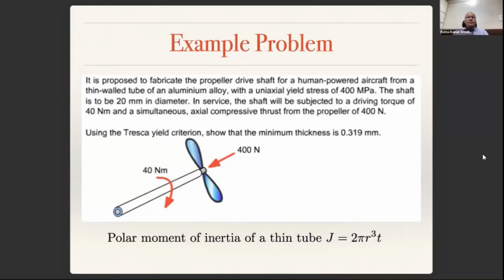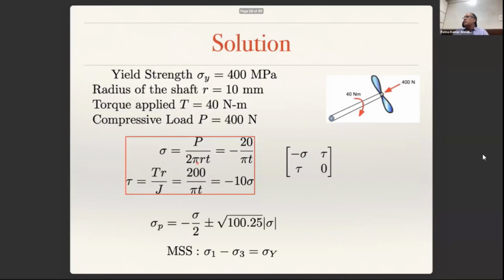Okay, any progress? I'm hoping that this is how you are doing it. You know that the normal stress is load by area.